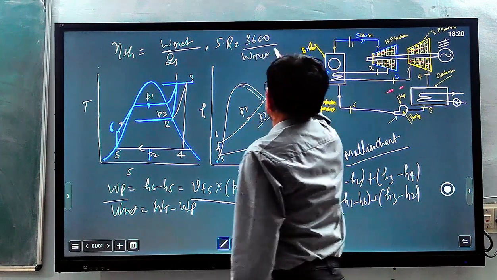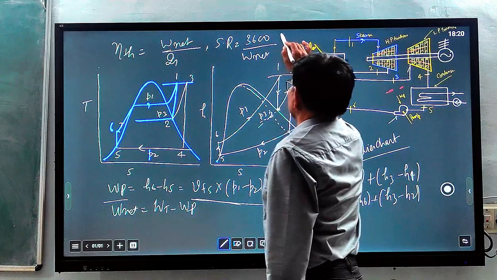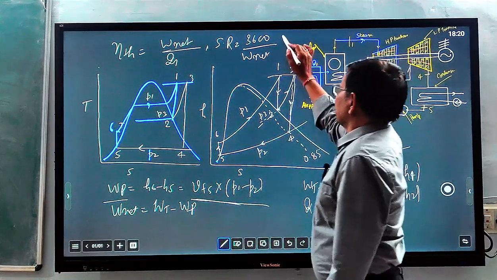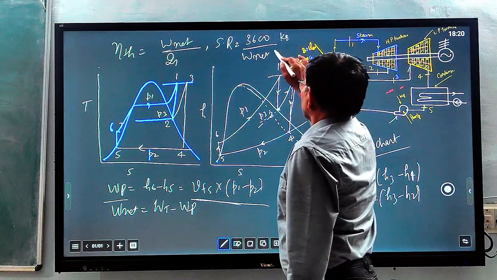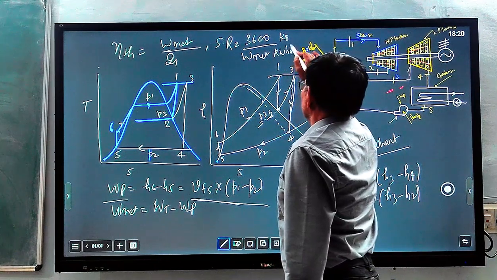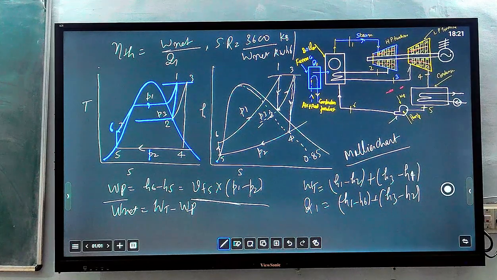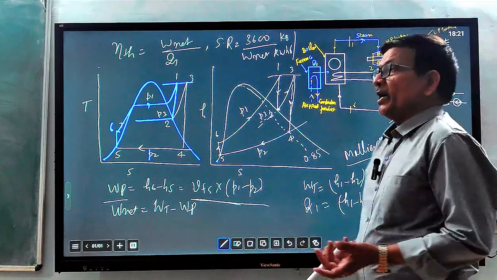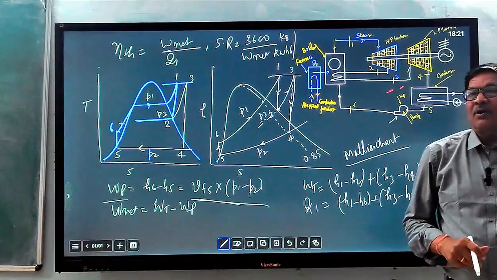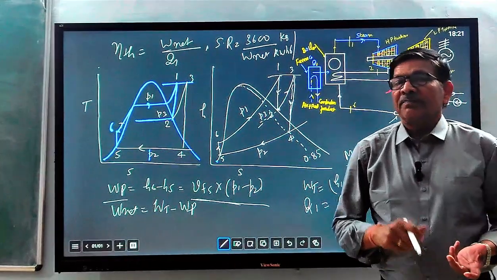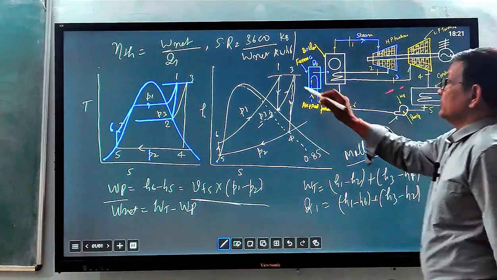By using this equation, the unit will be kg per kilowatt hour. Steam rate means kilograms of steam required to generate 1 kilowatt of power per hour.